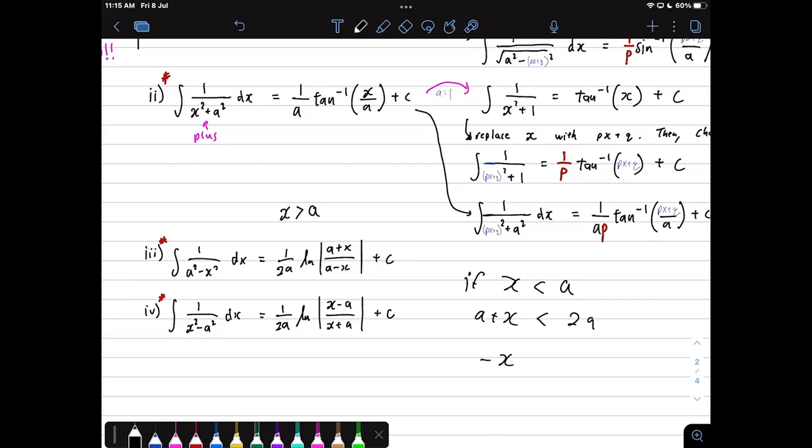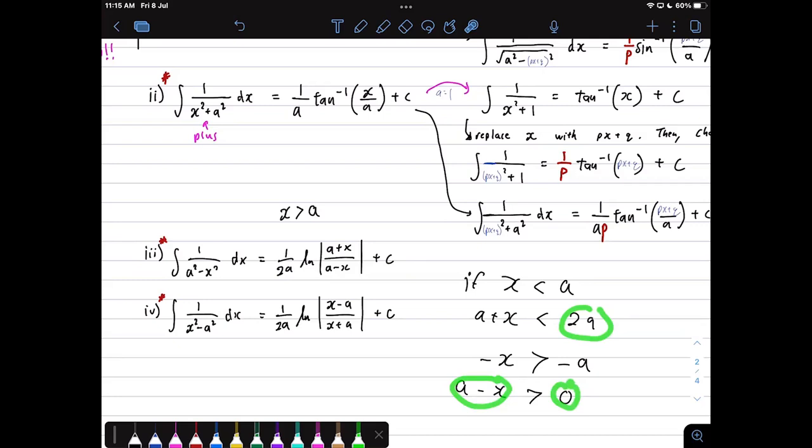And a minus x, you flip the sign around, add on an a on both sides, you get more than 0. So a plus x is less than 2a, and a minus x is more than 0. There shouldn't be anything wrong with it.